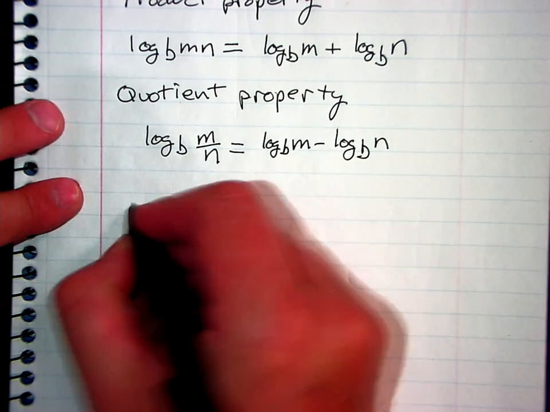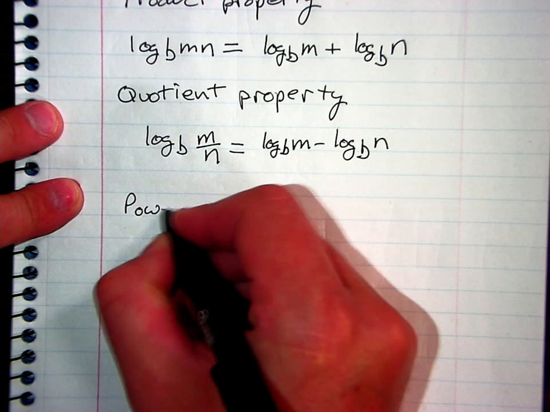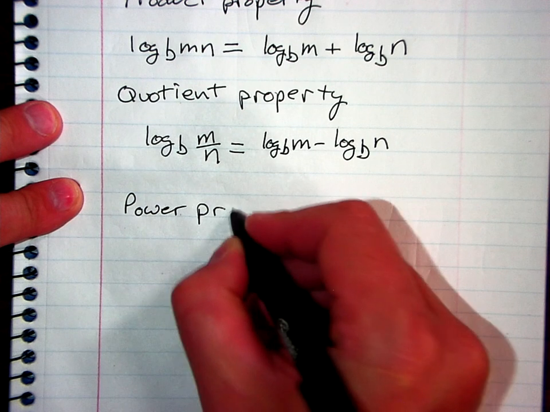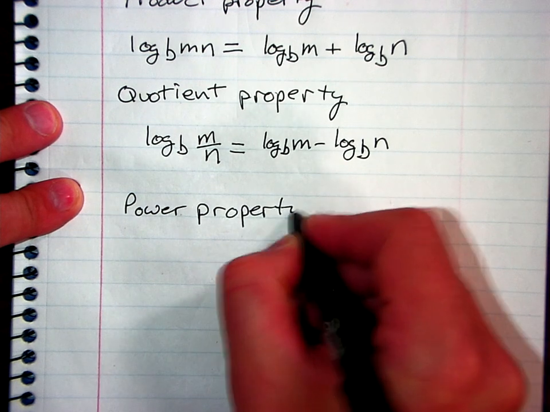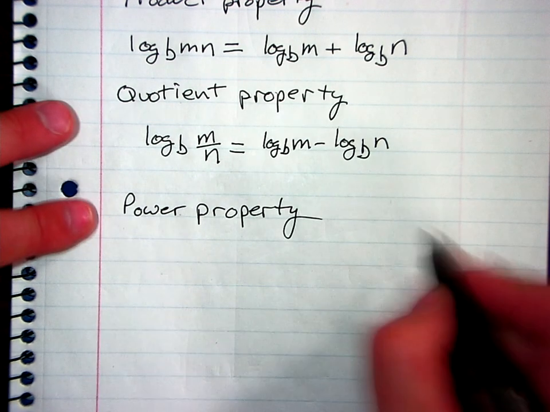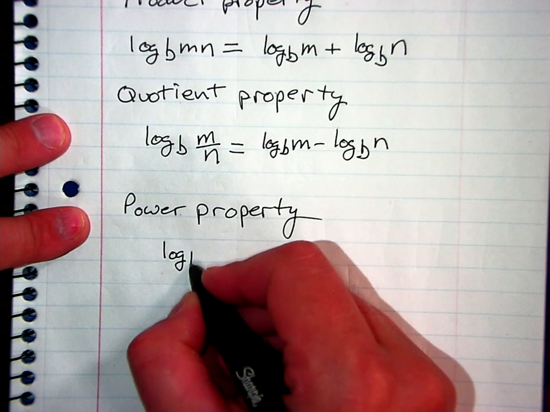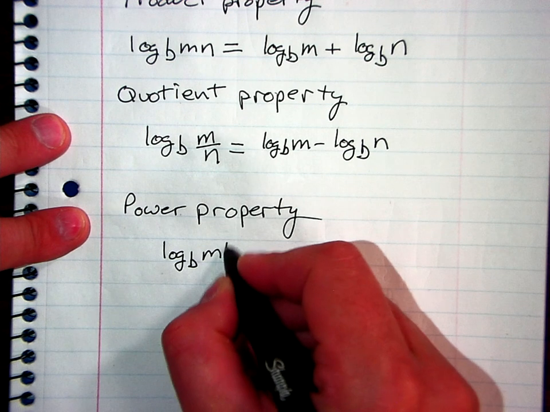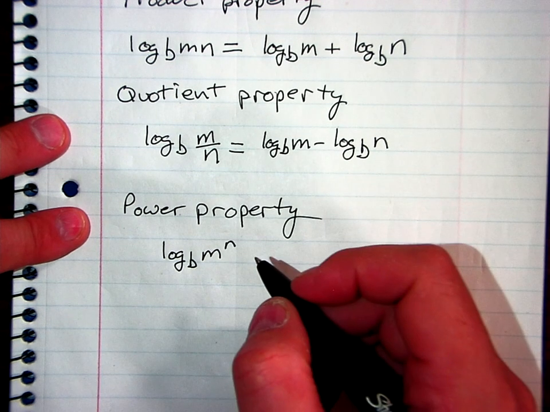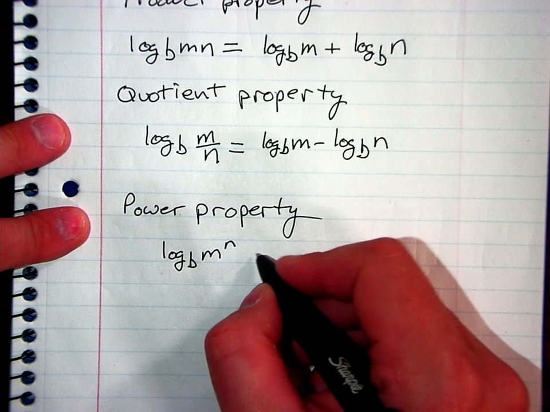All right, next, power property. What this says is if we have log base B of M raised to the N, we can move that N. Where can we move that N to?